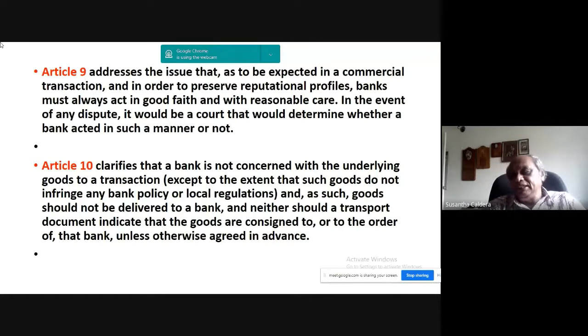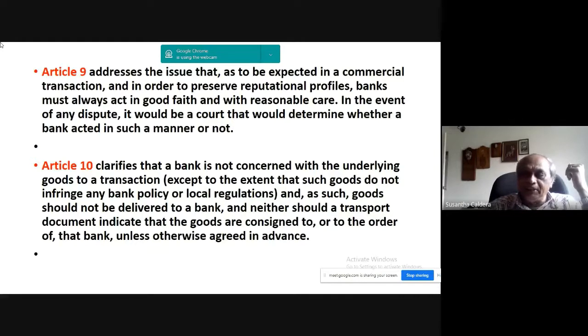This particular thing is happening very frequently. I don't know why banks are not taking any action. In collection, make sure that transport documents, BL, are not consigned to the bank.